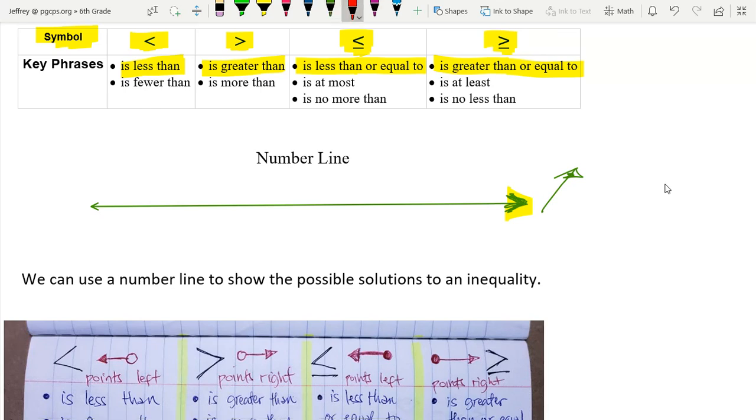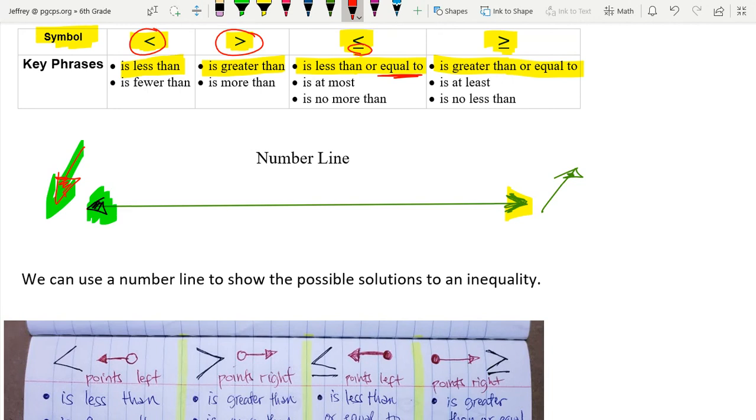The arrow pointing to the left tells us that the numbers are getting smaller, or the value is getting smaller. So if it points to the left, it's less than. If it points to the right, it's greater than. If there is a line underneath it, then it has a second phrase that says or equal to. And of course, it follows where it points at.